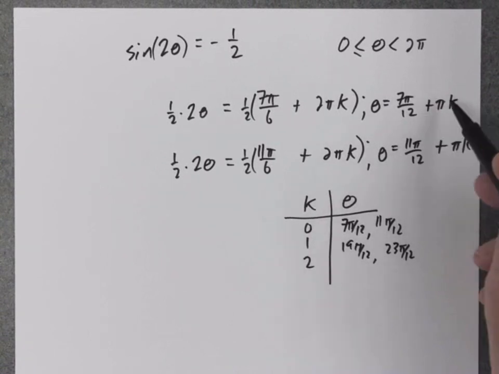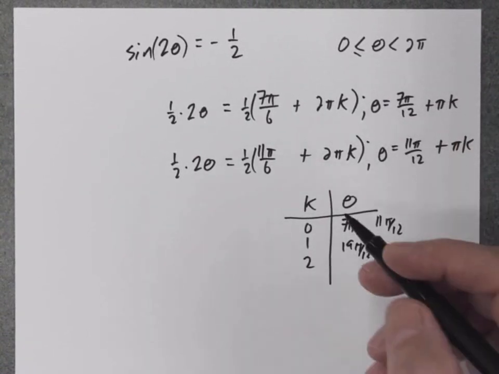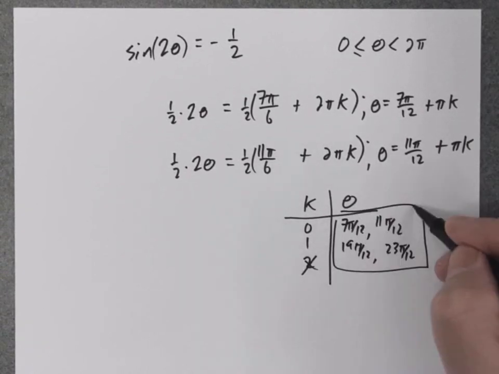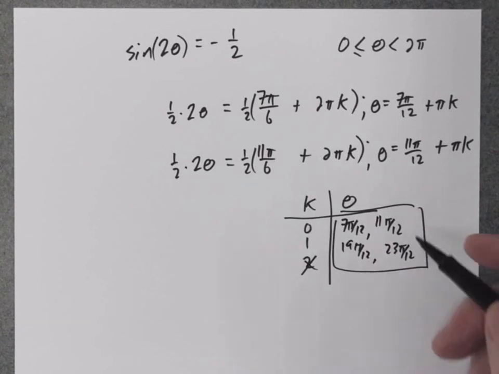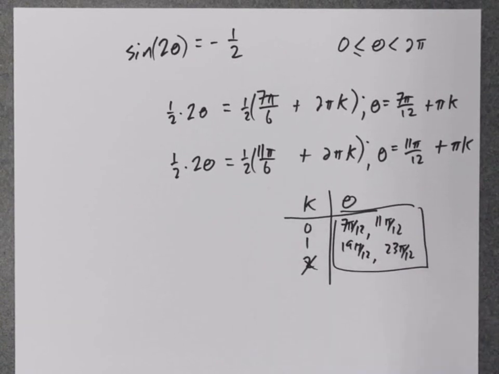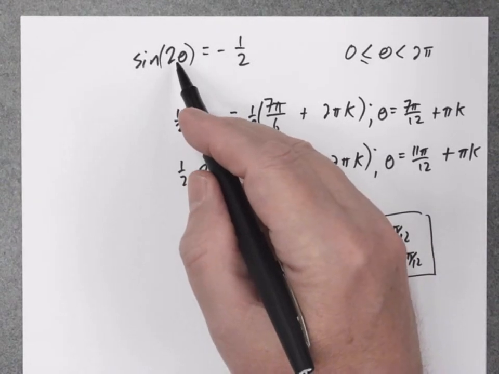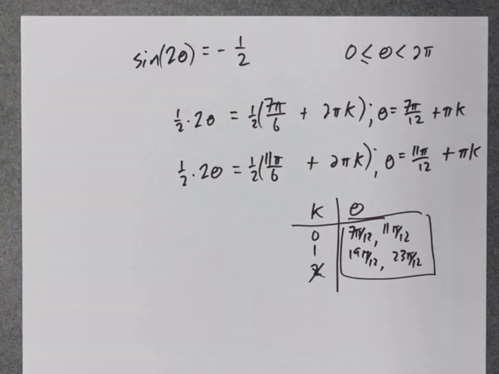Hopefully you can see that obviously it's going to be larger than 2 pi. So really those should be the 4 solutions for that problem. I'll check to make sure I didn't make any math errors, and that looks correct. Okay, so that's how we deal with trig equations where we have something different than theta inside the trig function.